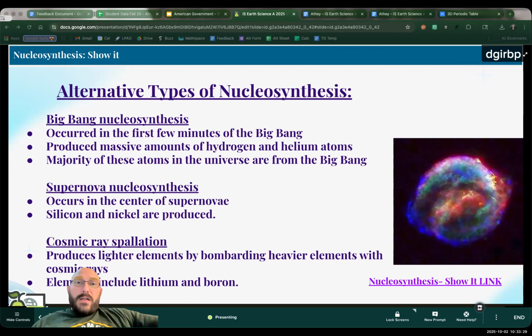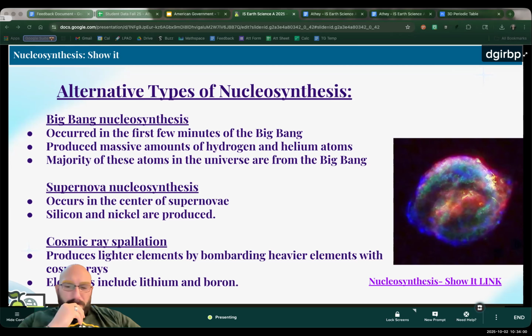Well, that's how we get the bigger elements. That gravity from a dying star smashes together those irons with other things that are in there and it blows the star apart. And so we get all of the bigger elements. That's where they come from. We also have cosmic ray spallation, which is a little bit different.